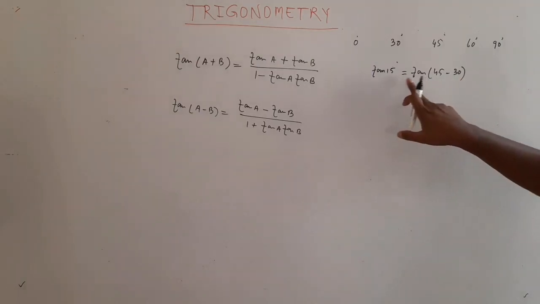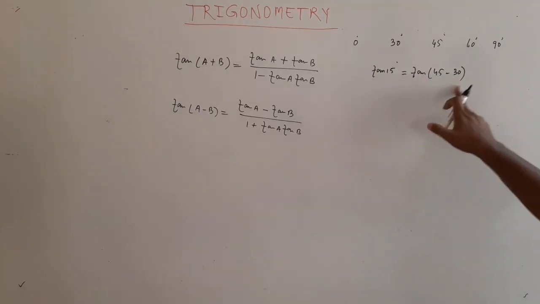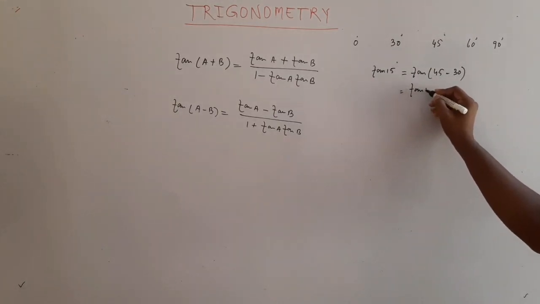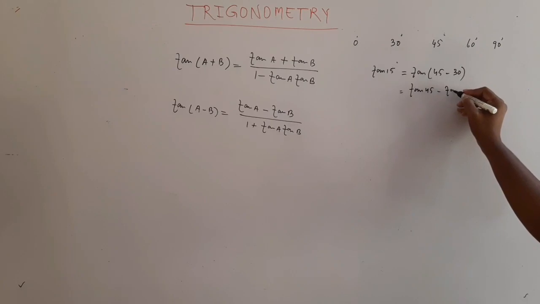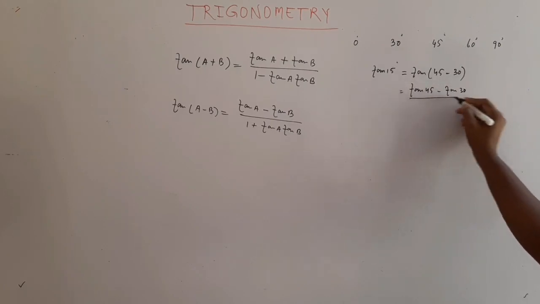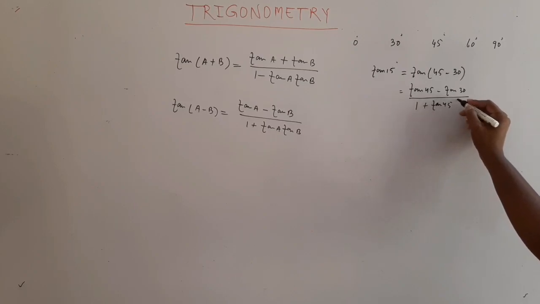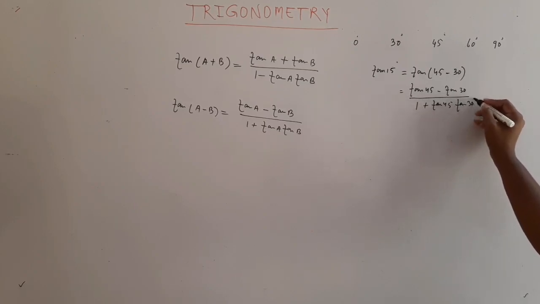So now you see we are finding tan(A - B) in this formula. So what will this become? This will become (tan 45 - tan 30) over (1 + tan 45 tan 30).